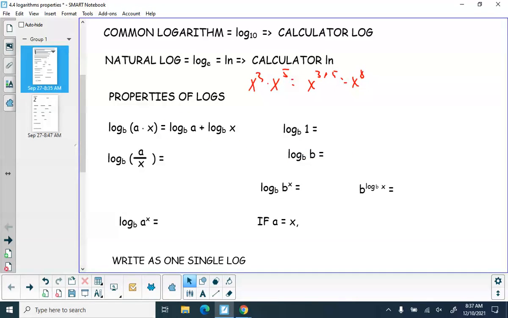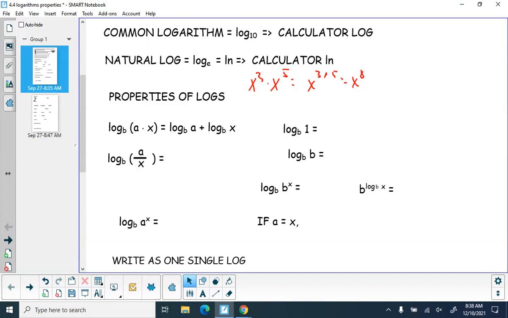So if I have log base b of a times x, this is log base b of a plus log base b of x. So we have to add their individual logarithms. I can't distribute and say log base b of a times log base b of x. I need to add them together. Sort of like the idea of sine and cosine of the angle addition, we can't just distribute over the parentheses.